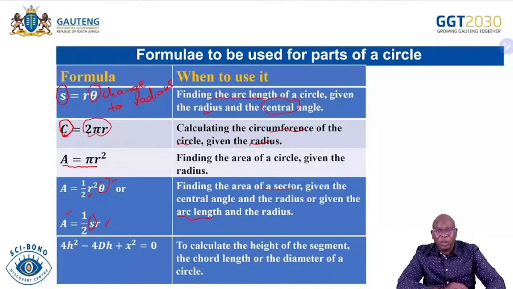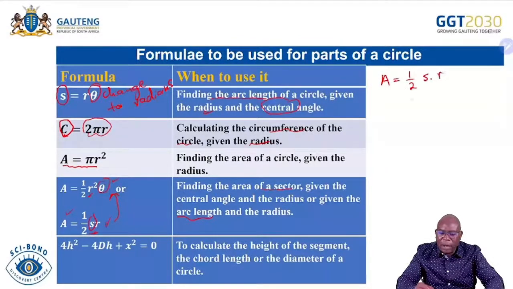And I've got a nice question on this. You realize that from this formula to that formula, how can I go to that formula? This is not for exam, but just to show you how we get to that formula. If I've got A equals half S multiplied by R, I know that my S from this formula is R multiplied by theta.